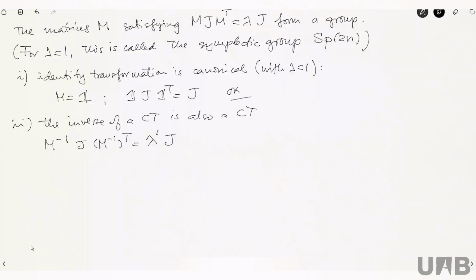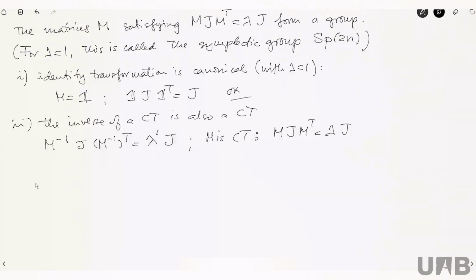What we know is that M is a canonical transformation, which means that M J M transpose is lambda J. So if this is true, what happens here?